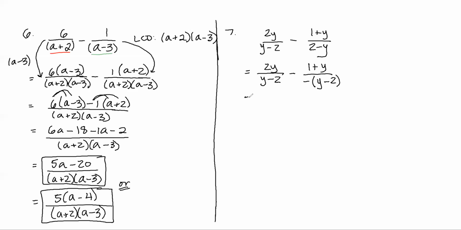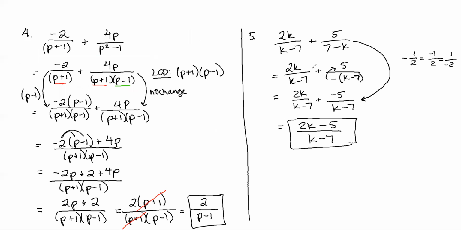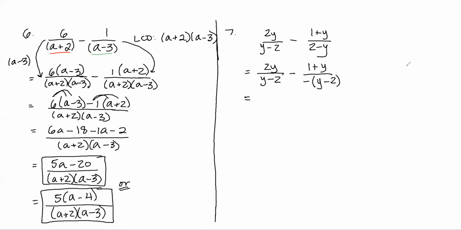And now what I'm going to do in this one is, instead of putting the negative on top, so if I go back here, remember the negative can go on the bottom, on the top, or out in front. It's actually a little bit nicer if we put it out in front for this one, because it'll make this minus sign a plus sign. So we're going to take this negative and combine it with this minus.